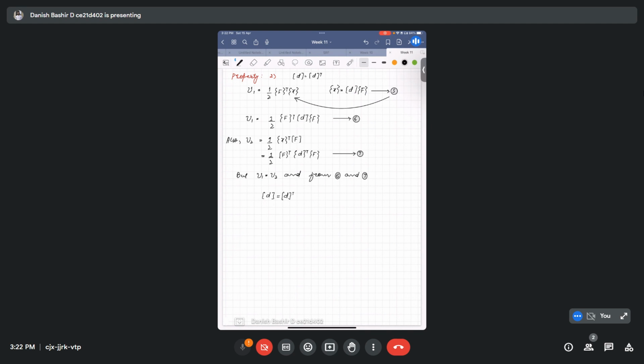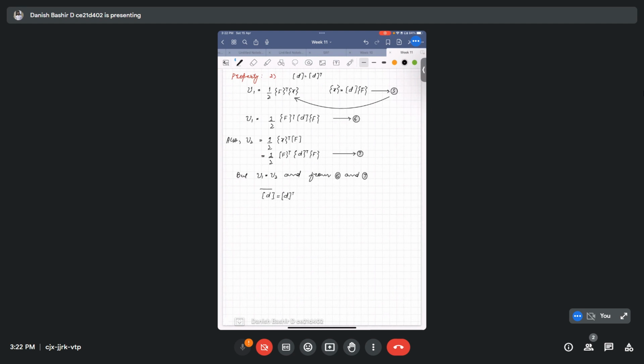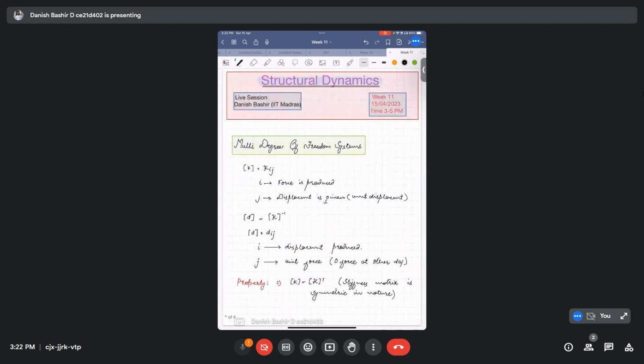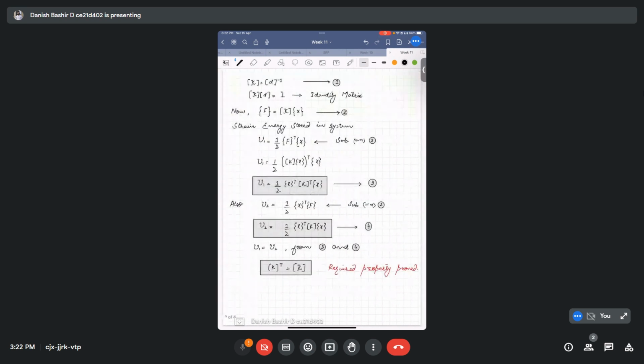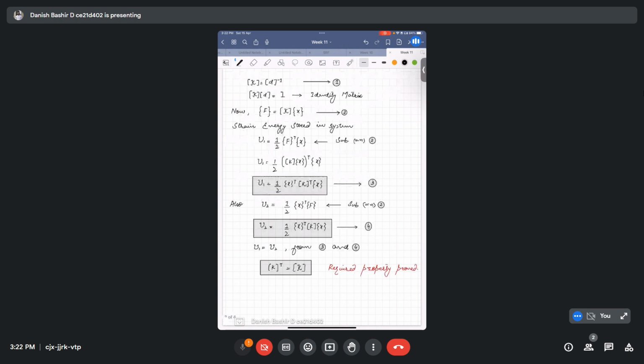Okay, again I proved that the flexibility matrix is symmetric. So this is one more addition to your knowledge.